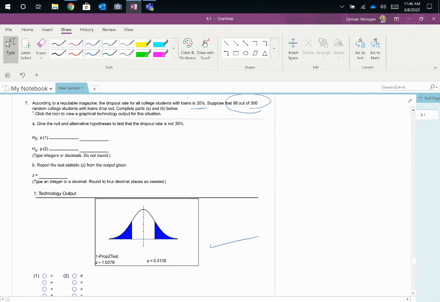Now, the null hypothesis, let's write it out properly. Null hypothesis H0 is that P is equal to, and the percentage given is 30%.